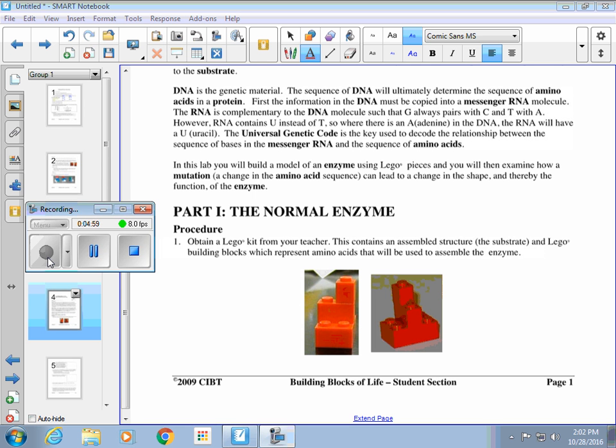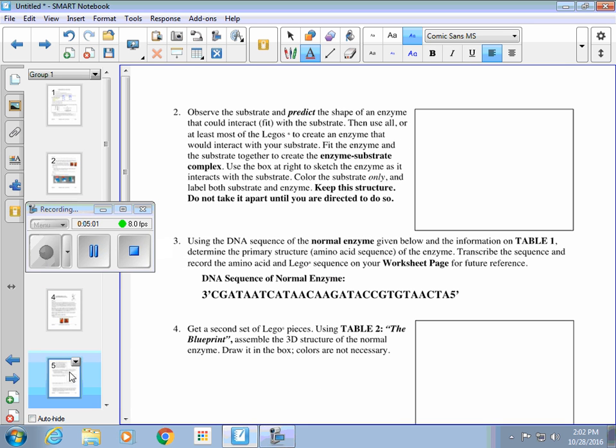Be sure to do things in the order that it is explained. Do not jump to conclusions and do not skip ahead to something that you think you need to do, because you might miss making a prediction or miss making a sketch. So please follow along in the order as it is given.